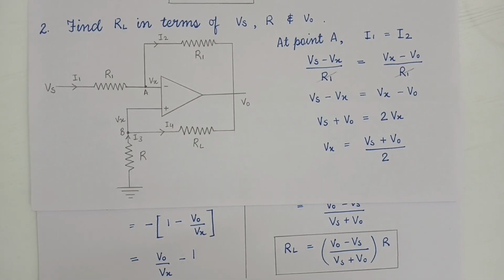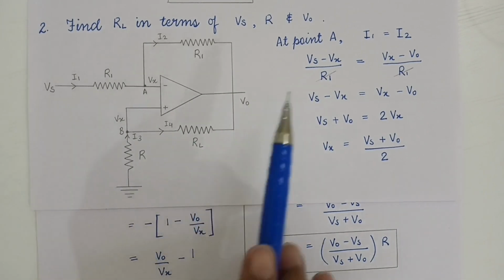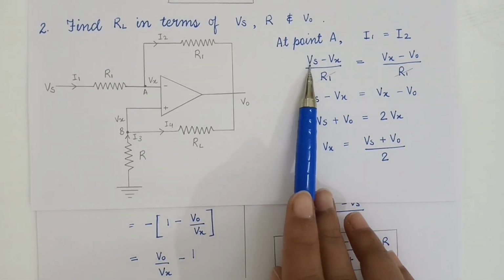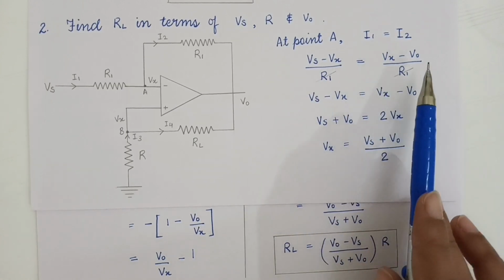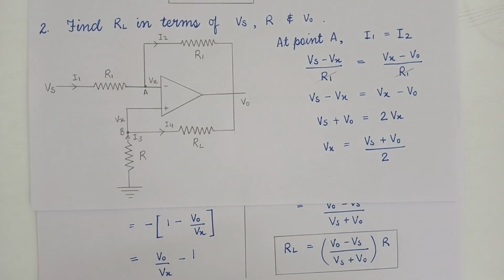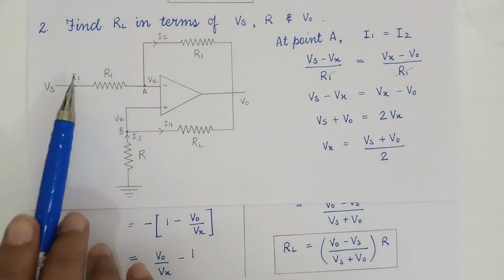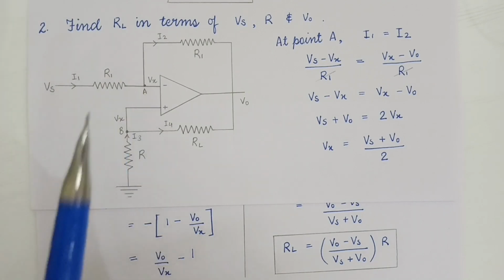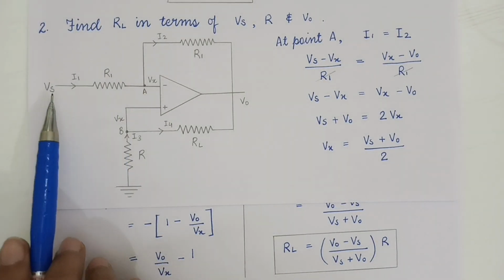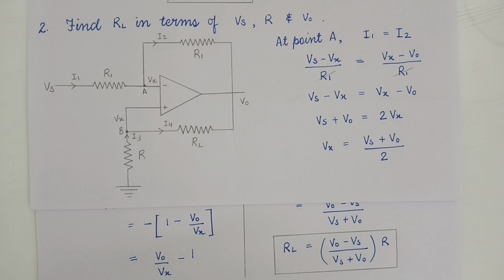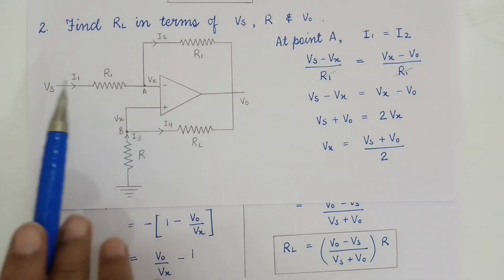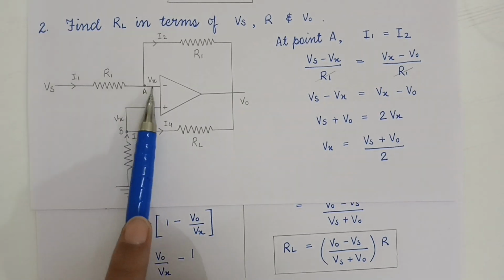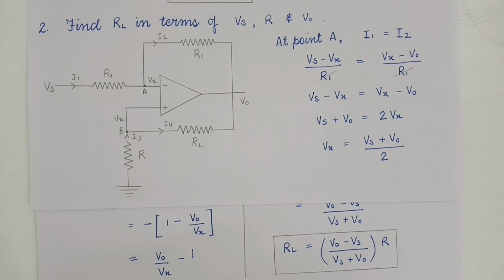One more thing to remember is the subtraction part you are doing over here, that is Vs minus Vx or Vx minus V0. You need to remember the direction. If current is flowing from Vs to Vx, then you will write Vs minus Vx. If current is moving from Vx to Vs, then you have to write Vx minus Vs. So it depends on the direction of current.